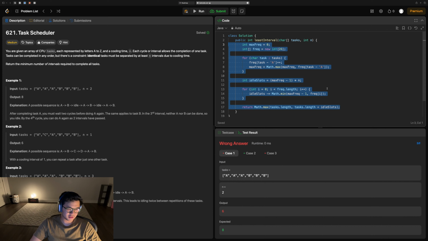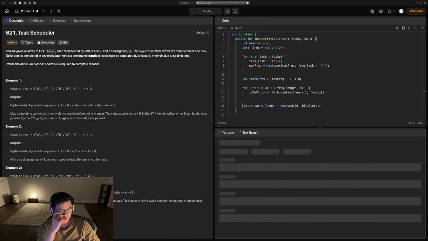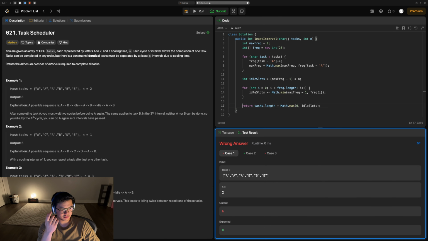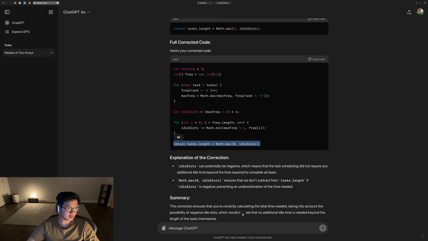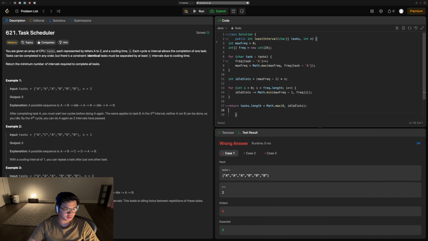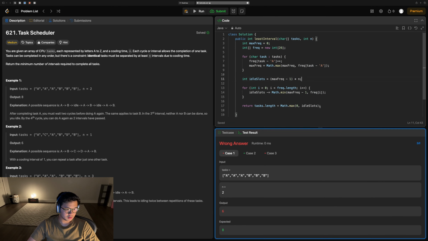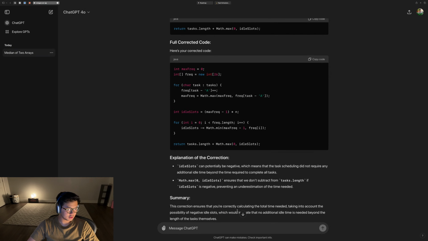Yeah, well, I don't think that should matter. Idle slots will never be negative. Yeah, see? Okay, let's see. Oh, it's giving me faulty code.